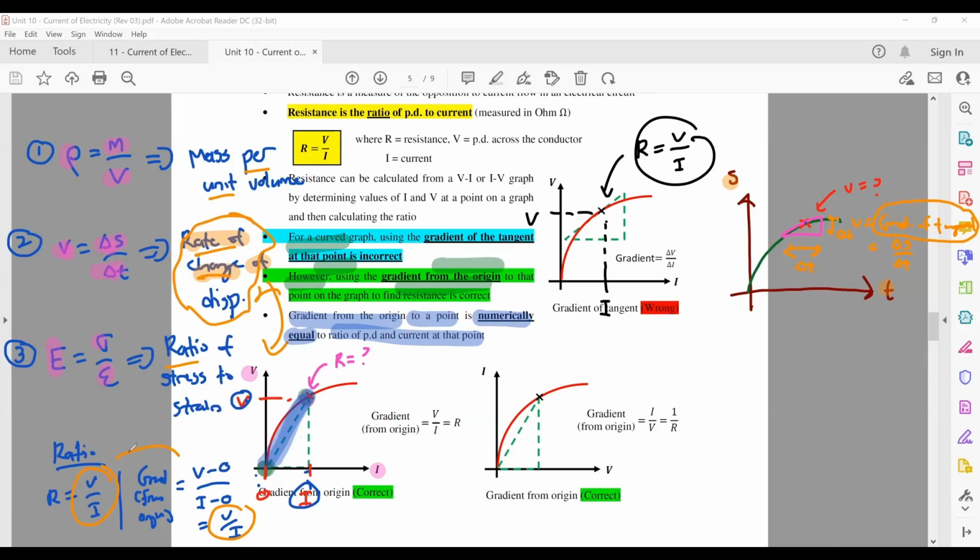That's why I say that they are numerically equal.